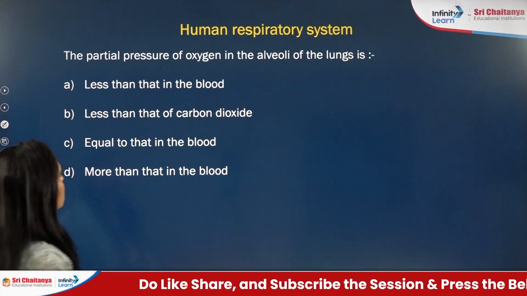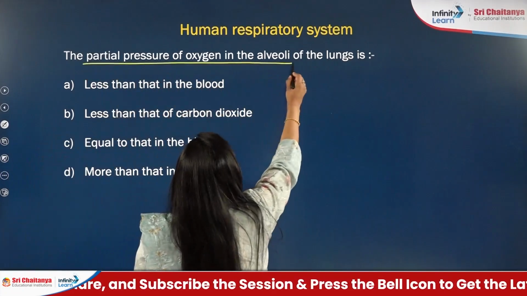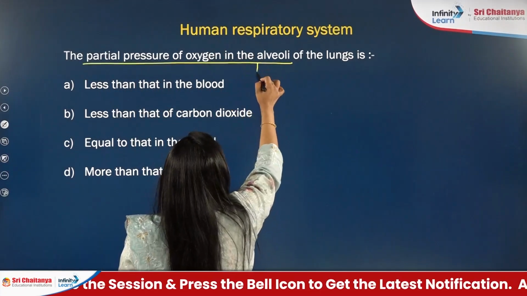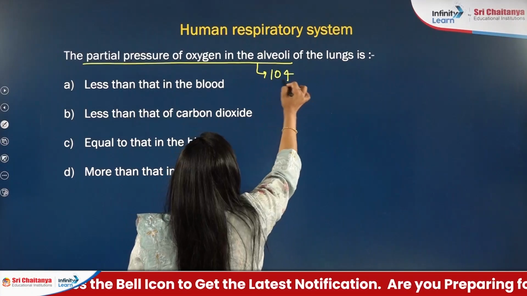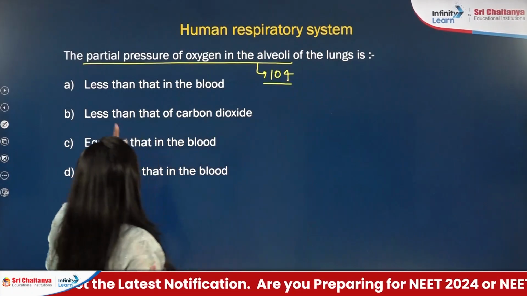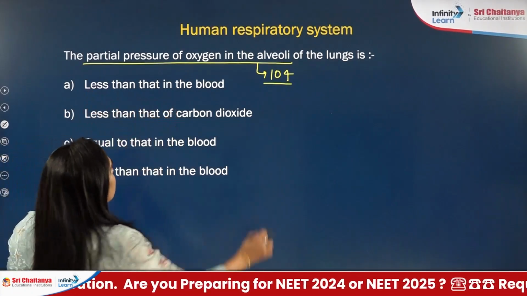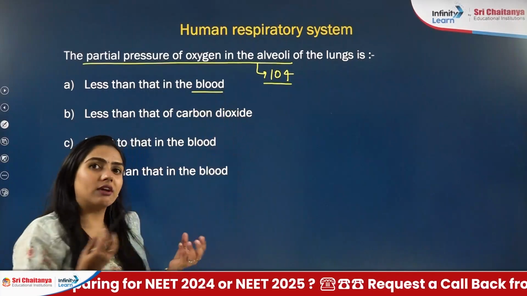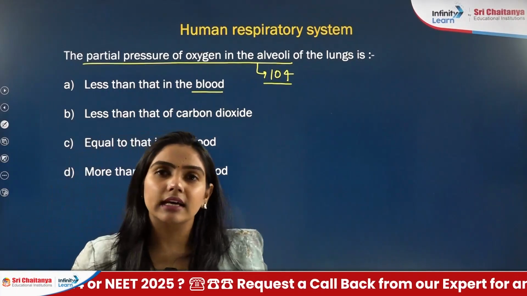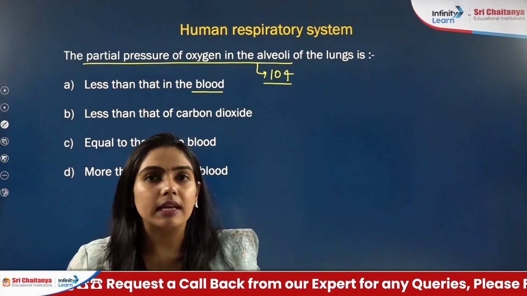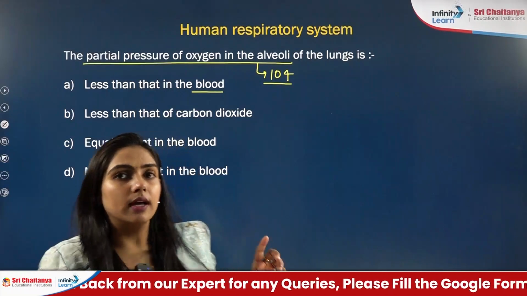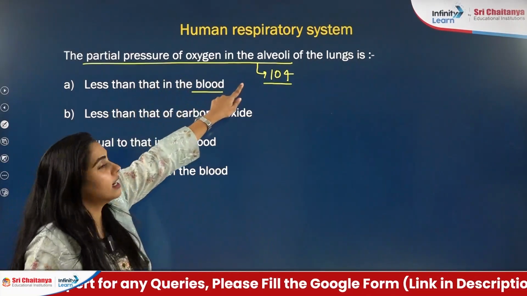Partial pressure of oxygen in alveoli. Just now we have seen the partial pressure of oxygen in alveoli is 104, right? It is less than that in blood. In which blood? In whatever blood. It will be either 40 or it will be 95. So it is not less. It is more only, na? Right?